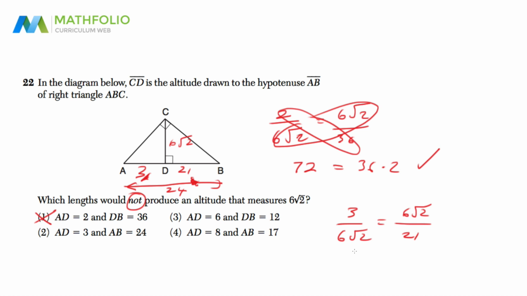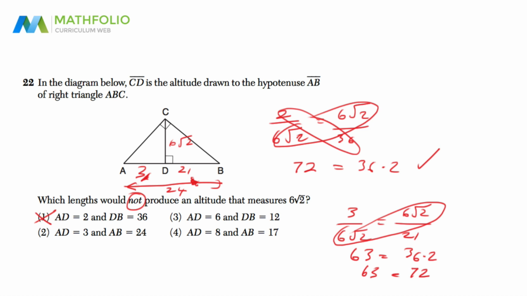Cross multiplying gives us 63 equals 36 times 2, because when we do this, we get 36 6's, and then 2 comes from the rad 2 times rad 2. So this gives us 63 equals 72, which is not true.